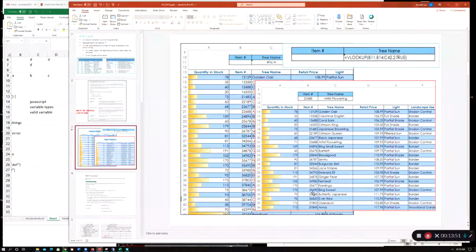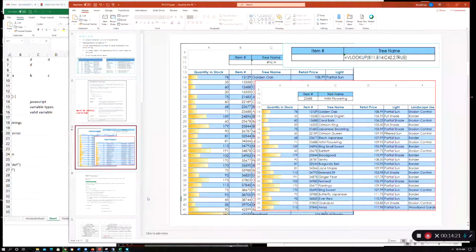So you look this up, and it will be column 1, 2, 3, 4, 5, or whatever columns you want to look at, to pick up any one of these columns on this table that you've defined. In this case, they punched in this item number, and this tree name came back. But I could look up the price, or the information about how to use this plant.